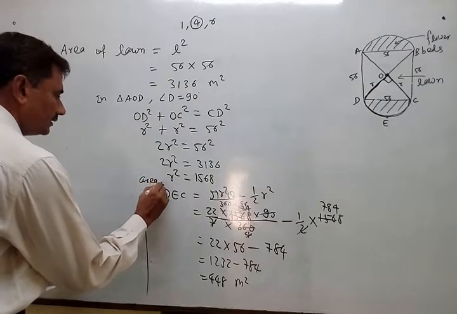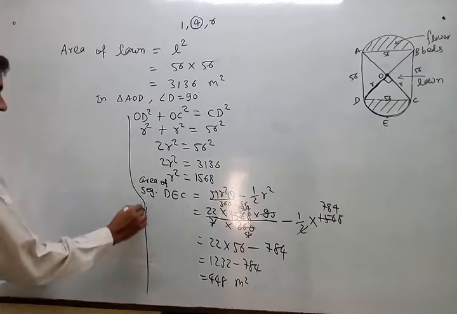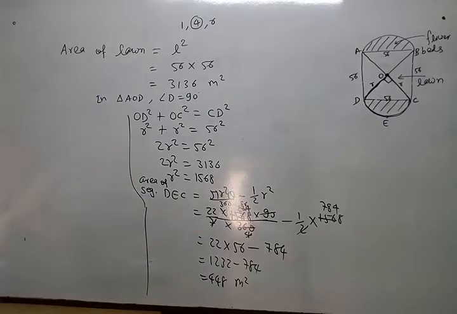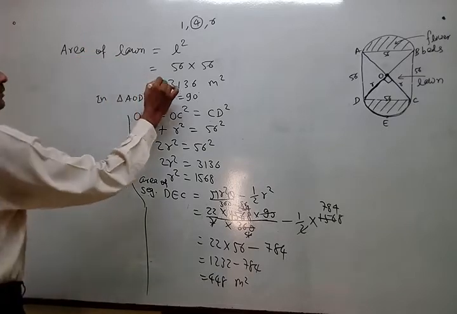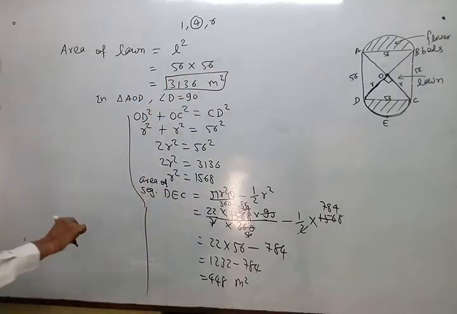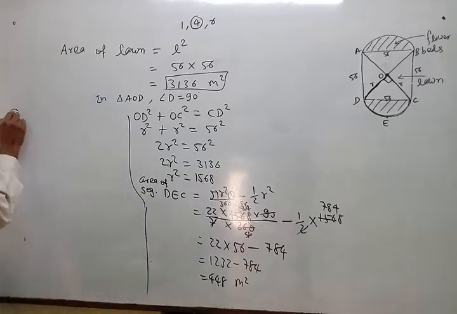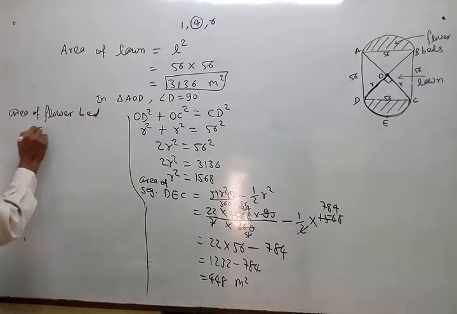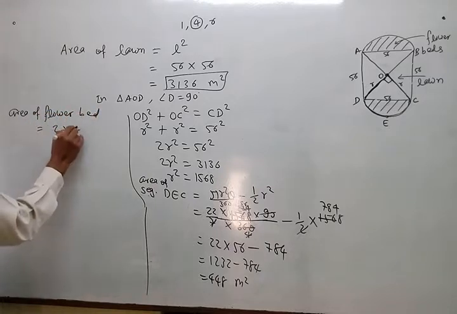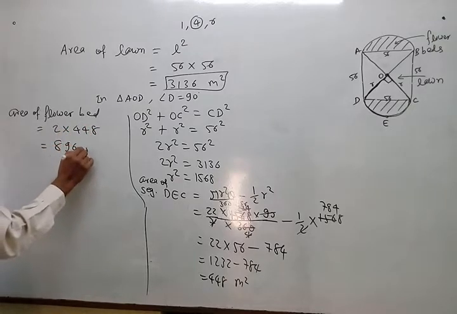Now just look here. Total area of flower bed. This we call area of lawn, one answer. Now area of flower bed will be double of this. So area of flower bed equals double of this. So 2 multiply 448. So 896 meters square.